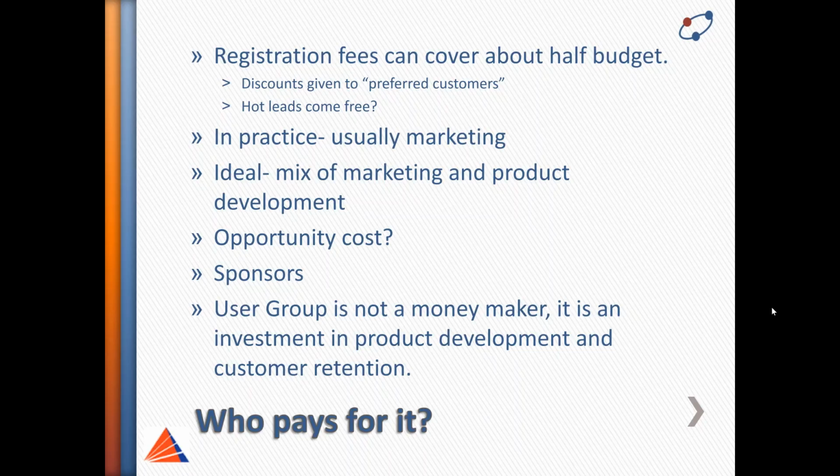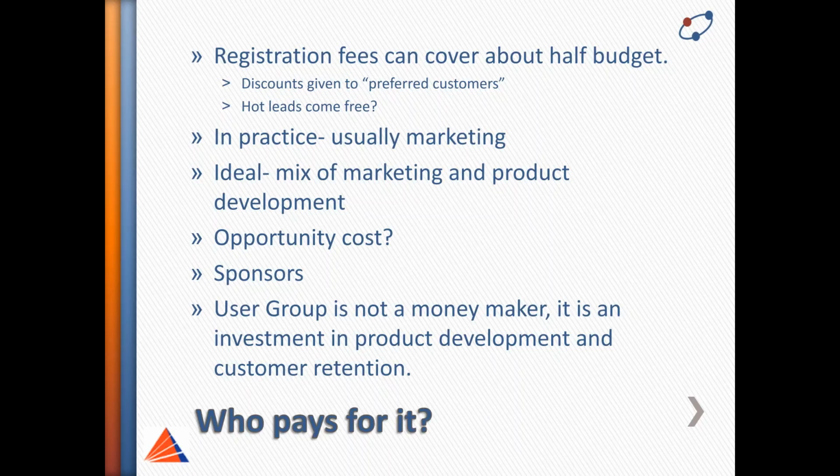One other thing that I put here to consider about the budget that we normally don't see is any calculation of what the opportunity cost is. So it's pretty easy to put together the cost of the venue, cost of travel, things like that. But something to keep in mind, it is extremely costly from a time standpoint to put together the content, and it's usually your most valuable resources putting together the content.